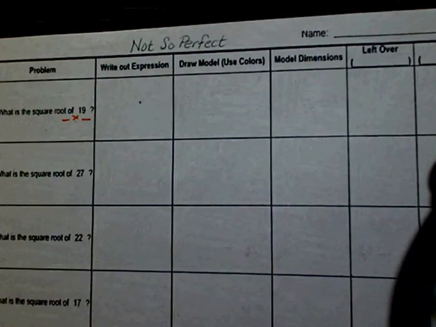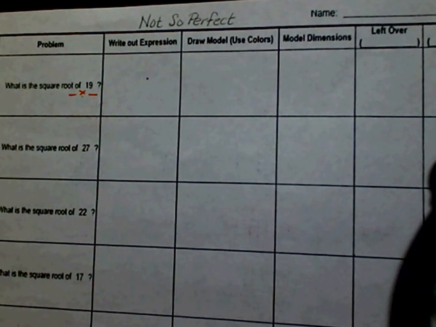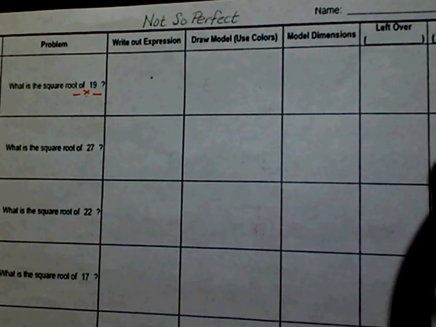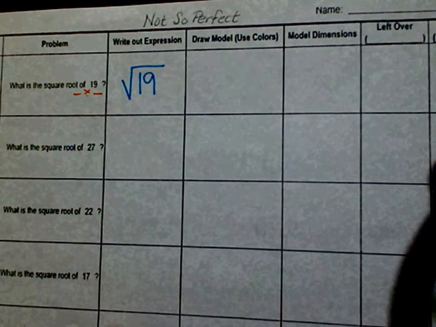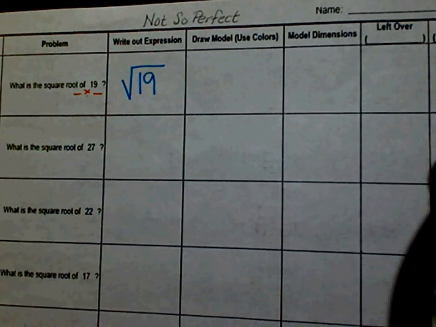These are not so perfect because you cannot find two numbers that are the same to equal. So let me give you an example. The square root of 19. Well, you can think and think, and there are no two numbers that are the same that would equal 19. So instead, because we're 6th graders, all we have to be able to do is go back and look at our perfect squares.